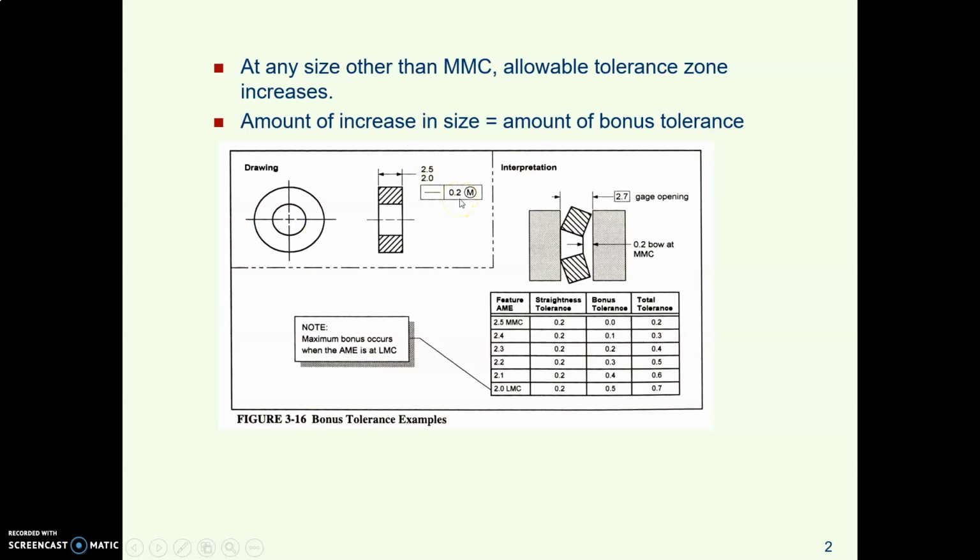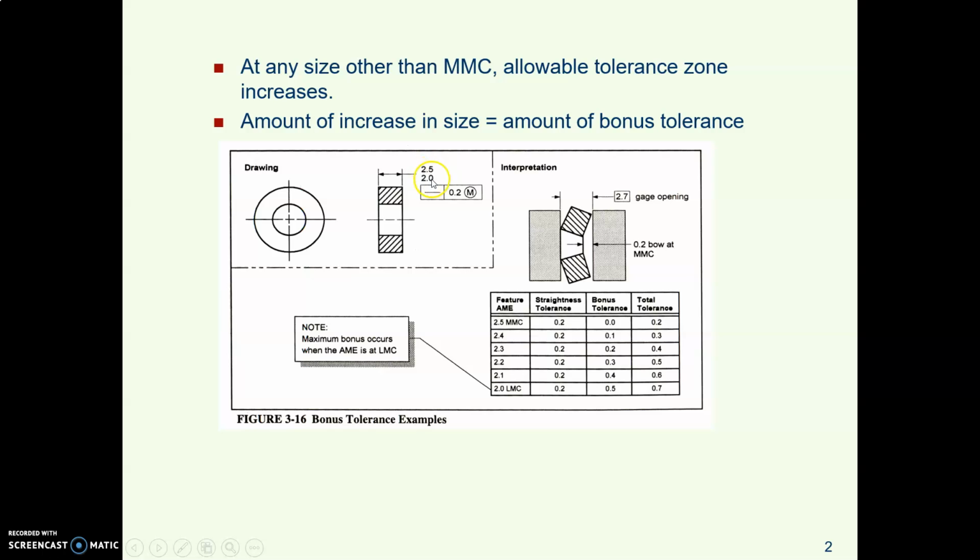0.5 plus 0.2. When you or your inspector makes the gauge tool for inspecting the straightness of this washer, they will make the gauge tool a fixed size. It'll be a 2.7 opening. And if you made your washer close to the maximum thickness, it couldn't be bent very much.